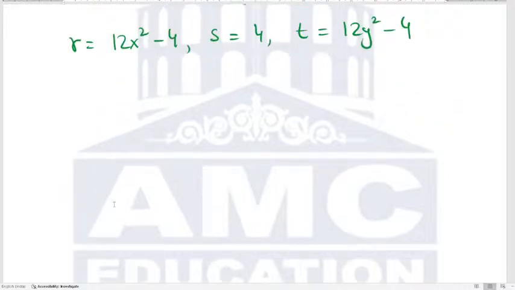So we will make one column for the extreme value, the second column for the value of r, the third column for the value of s, the fourth column for the value of t, and maybe a fifth column, a small thin column for rt minus s square, so five columns.